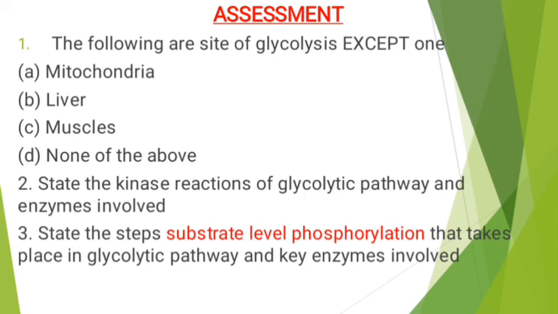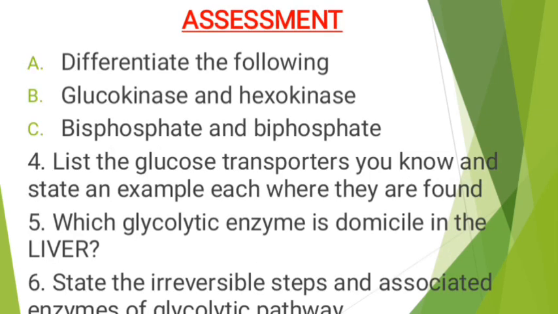Step 1, hexokinase or glucokinase. Step 3, phosphofructokinase. Step 6 is a kinase enzyme. Step 9, also kinase, pyruvate kinase. State the steps of substrate level phosphorylation, as we said, step 6 and 9. So go ahead and have access to the assessment and assess yourself.